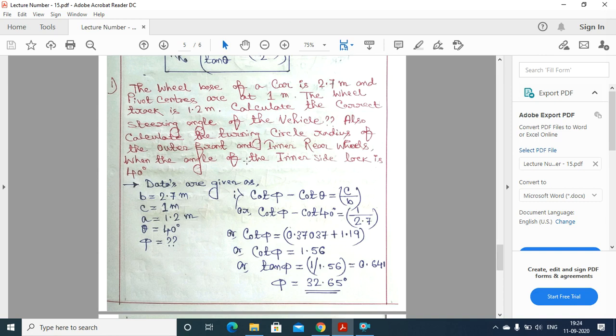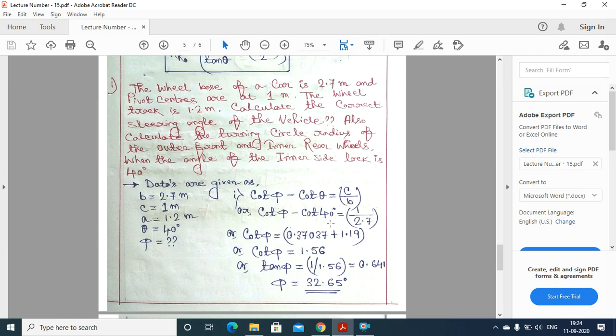What is the formula for the true rolling condition? The formula is cot phi minus cot theta is equals to c by b. Cot phi minus cot 40 is equals to 1 by 2.7. Why 1 by 2.7? Because pivot center distance c is given as 1 meter and small b, the wheelbase, is 2.7 meter.